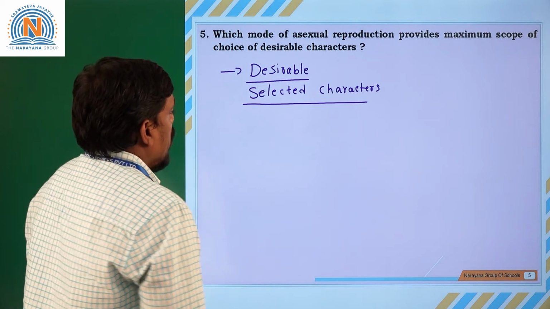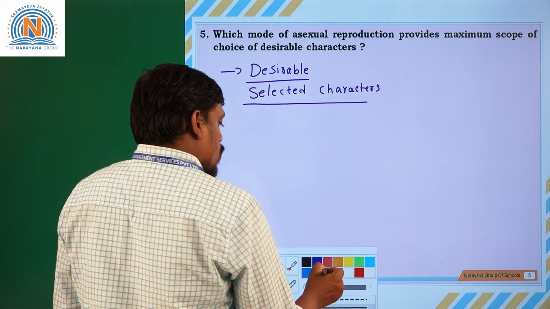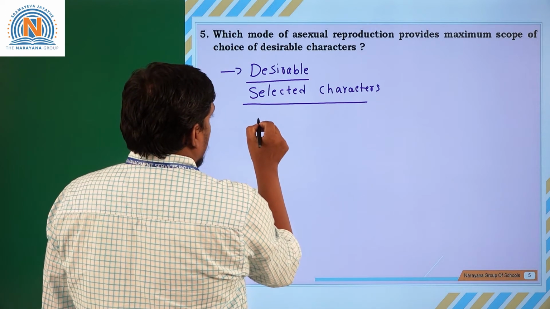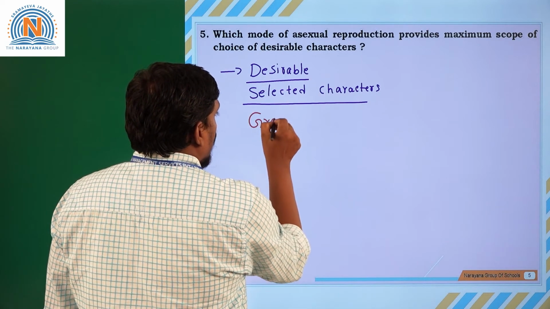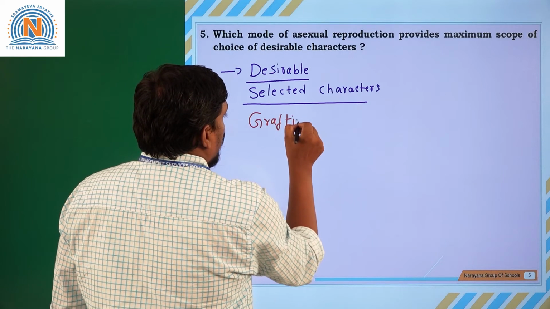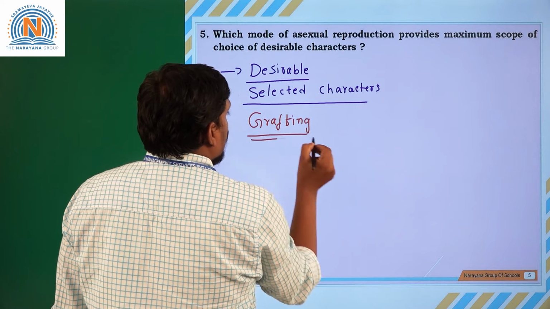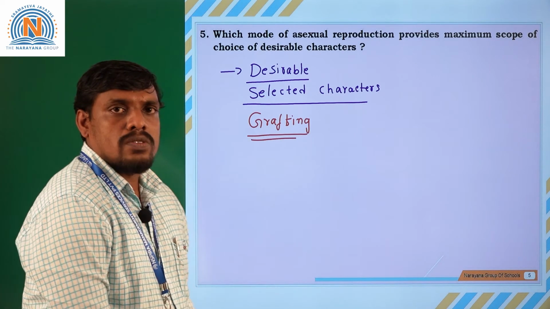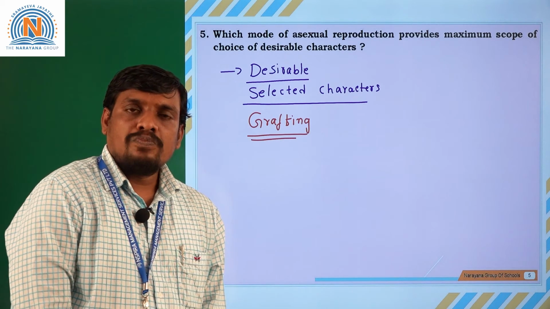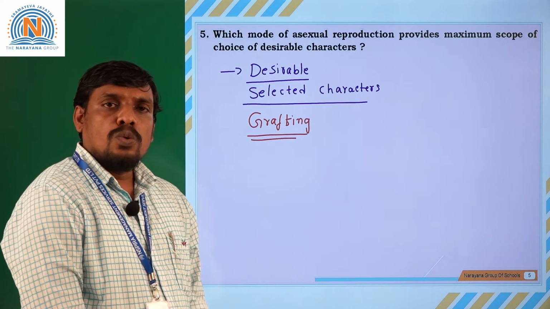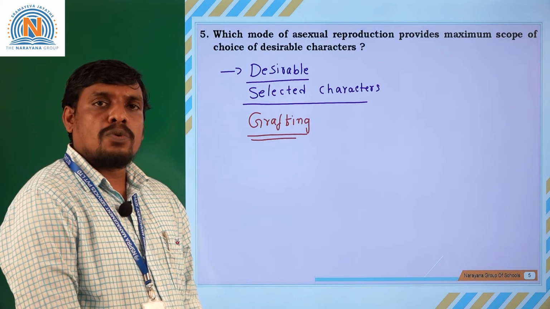So here, a type of asexual mode of reproduction is generally called grafting. You know very well about grafting. A type of asexual reproduction in plants called grafting is an important process. What is grafting? Grafting is one of the vegetative propagations. What type of vegetative propagation?